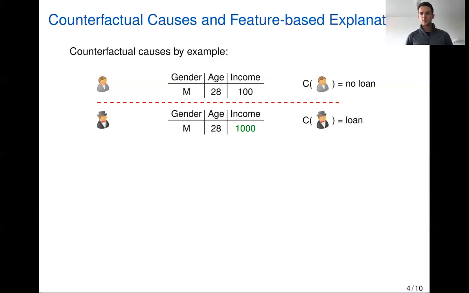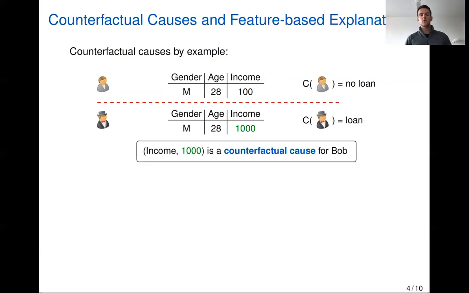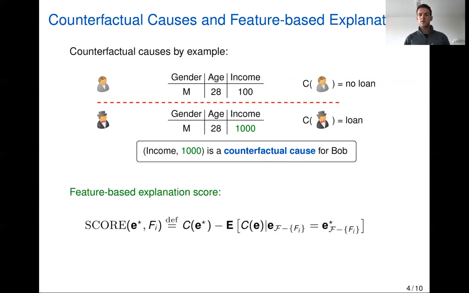So now he's able to afford a fancy hat and a nice suit, and suddenly the classifier returns loan. If this is the case, we would say that the pair of income and 1,000 is a counterfactual cause for Bob.